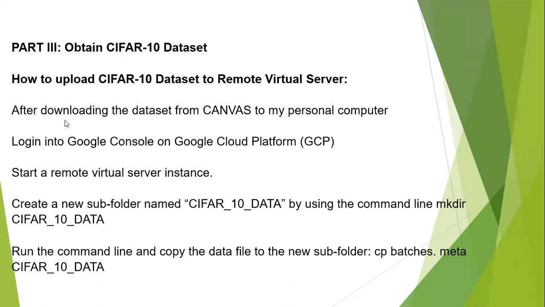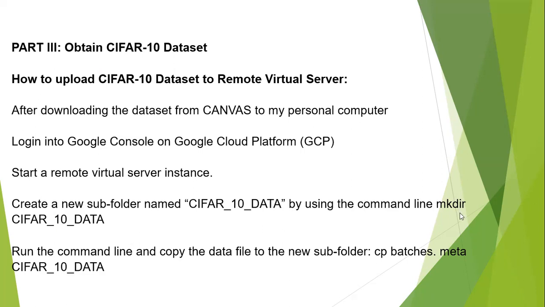So after uploading the data set on the Google Cloud platform, we'll start a remote virtual server instance. And then we create a new subfolder with this name, CIFAR 10 data, to upload this data set from Canvas into the remote virtual server.